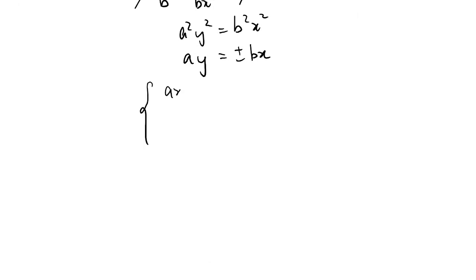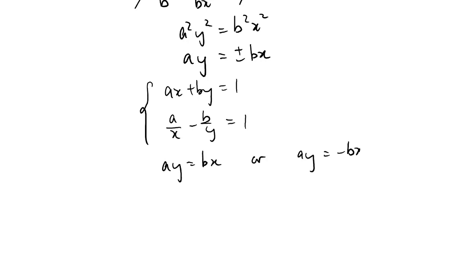Our equations were ax plus by equals 1 and a over x minus b over y equals 1 as well. So I have ay equals bx, or ay equals minus bx.